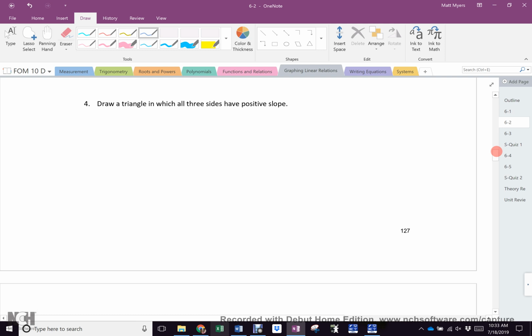Everybody do number 4 right now. Everybody, all I'm asking you to do is draw a triangle. How hard can it be? Almost as easy as counting, adding, and subtracting.